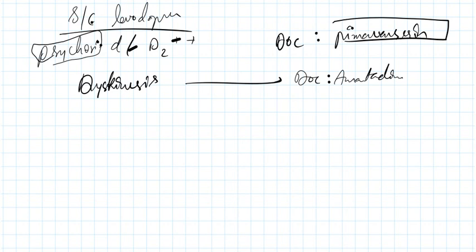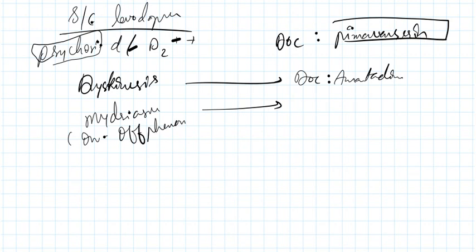If the patient has mydriasis, then it can worsen the glaucoma, and it can lead to some serious complications, and it may also cause one of the mechanisms called the on-off phenomenon.